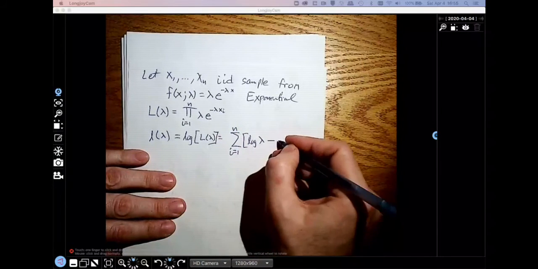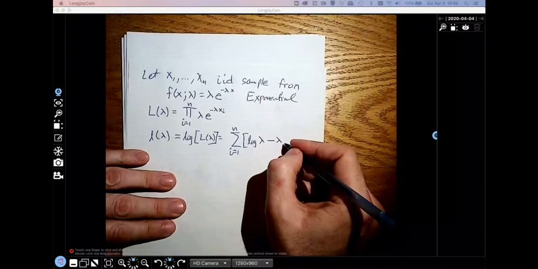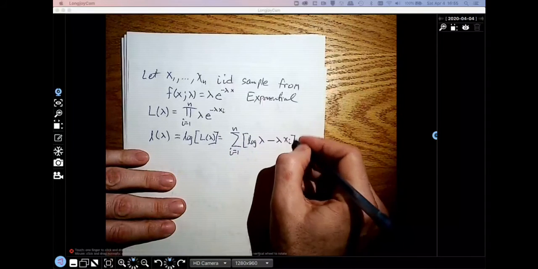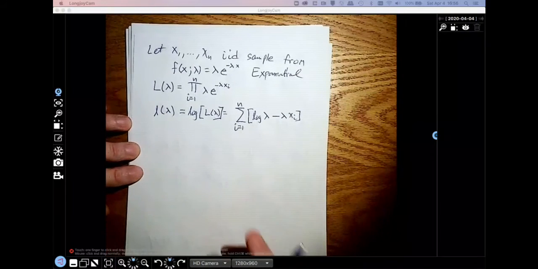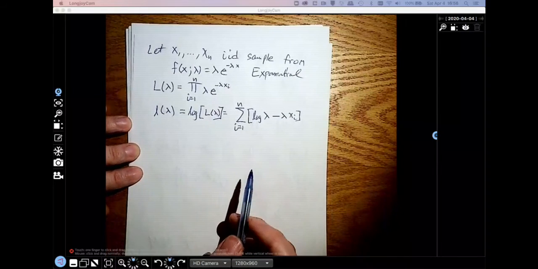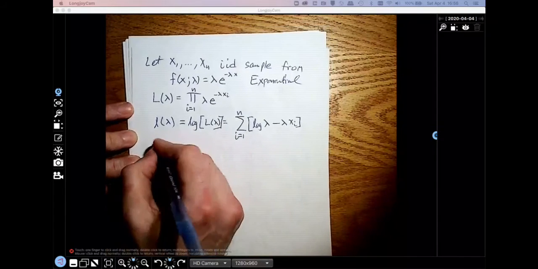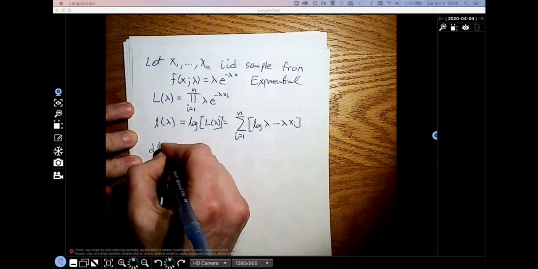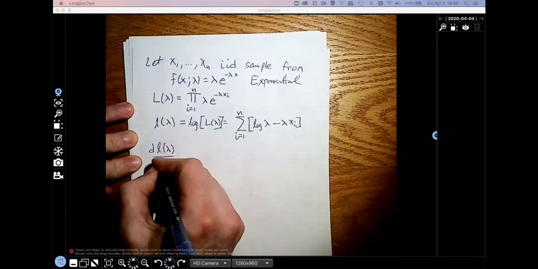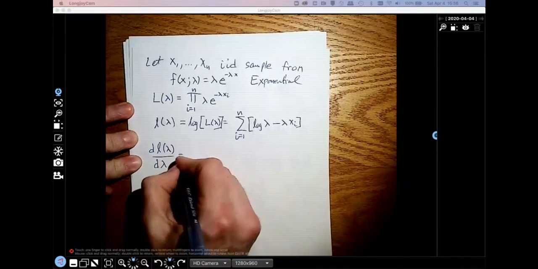So this is going to be minus lambda xi. All right, so let's go take our derivative. So I want to make this as large as possible. So dl at lambda is the following.